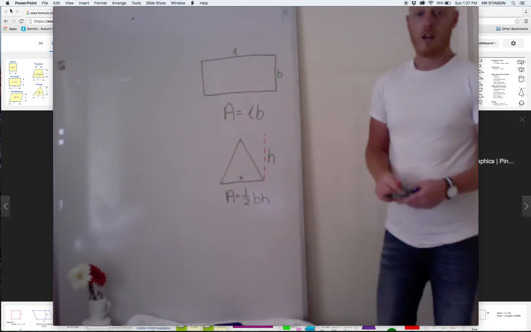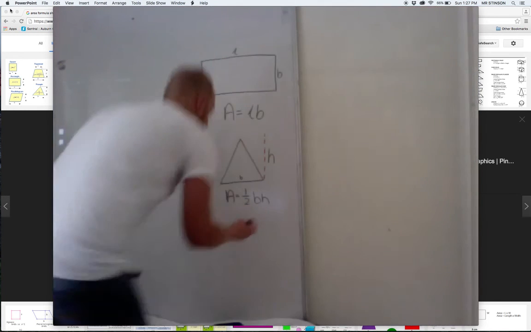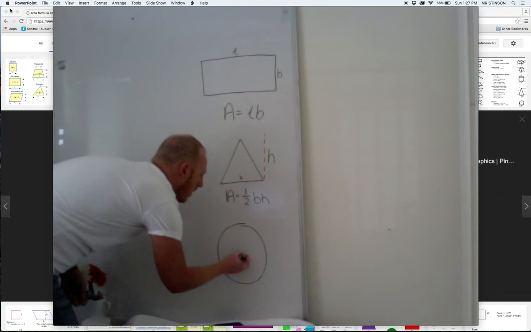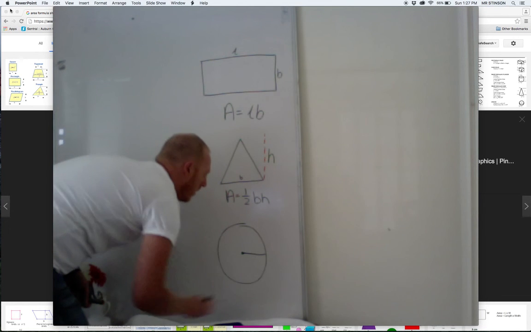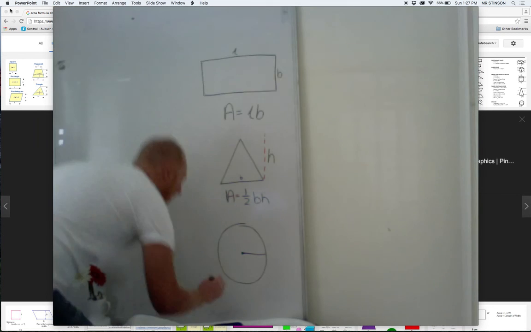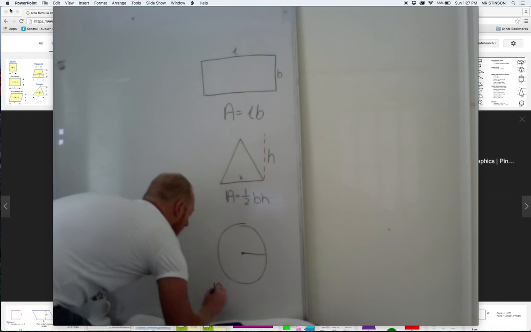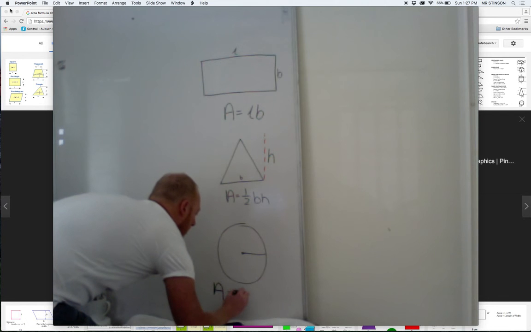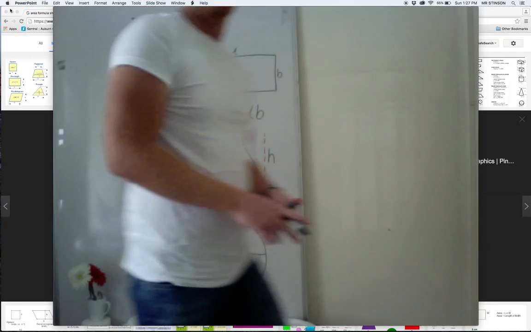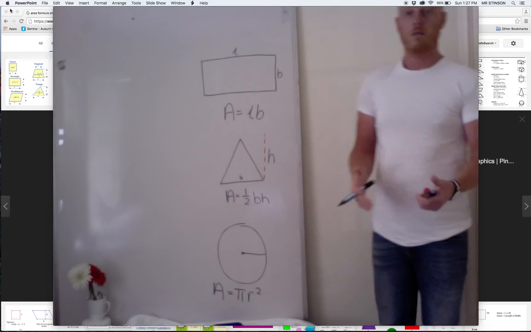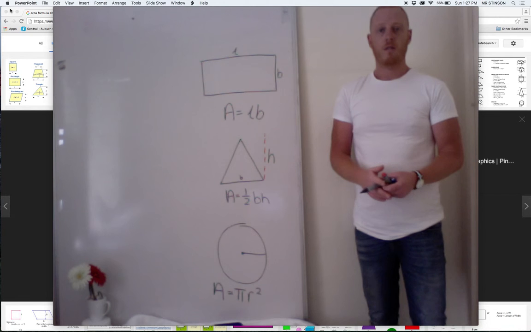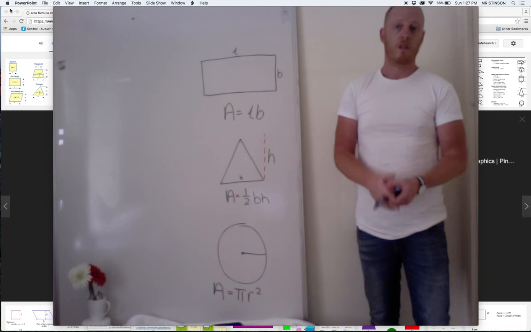Let's look at another example. The circle. The area formula for a circle is A equals pi r squared. Again, it's a different shape. The area will be different. So therefore the formula will be different.